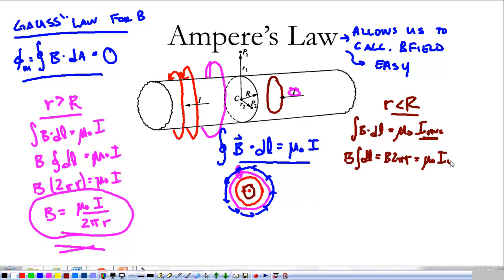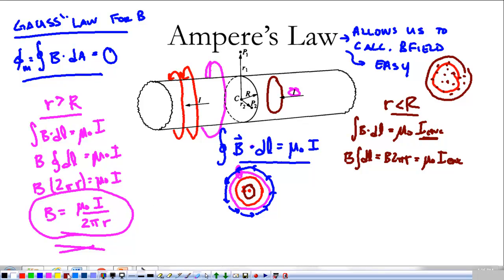We have to figure out how to deal with mu0 times I enclosed. If we look at this, we have a constant current coming out of this thing at every point, and we've taken our Amperian loop and we've only enclosed some of our current.